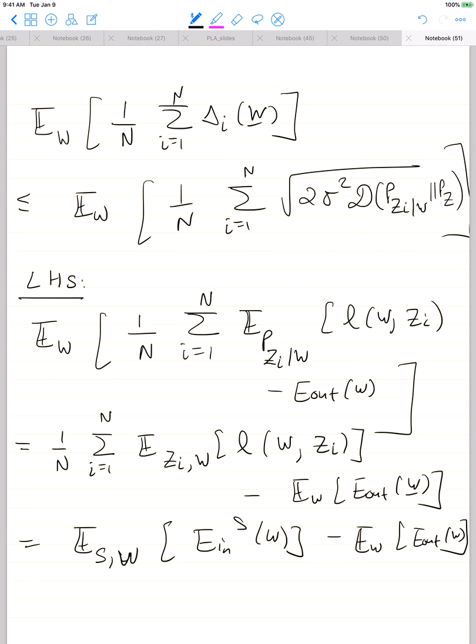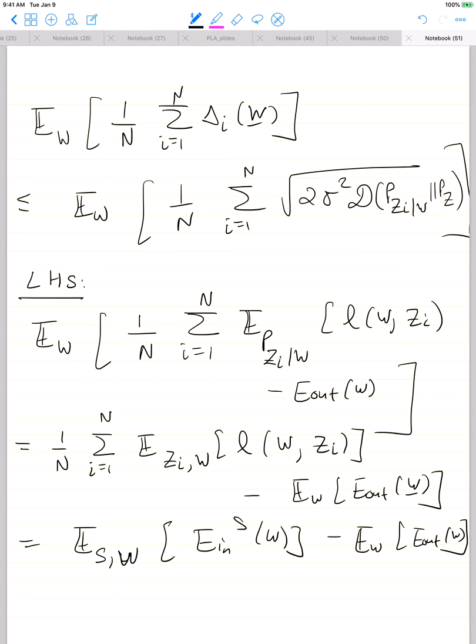Because this is your training error. If I were to take the expectation here outside, I get 1 over n times the summation of I going from 1 to n, L of W and Zi. If I do one more step, if I take the expectation outside, then I have to take the expectation over Z1, Z2 up to Zn comma W, which is the same as E of S and W. When I bring the expectation inside, for this term, I can integrate out all the Zi's except the ith term.